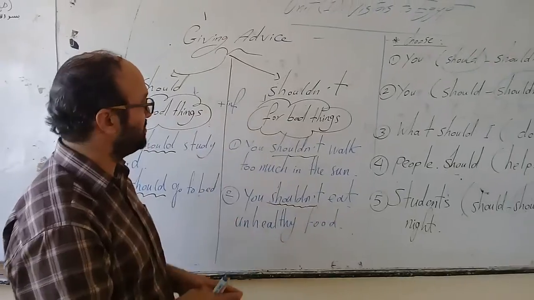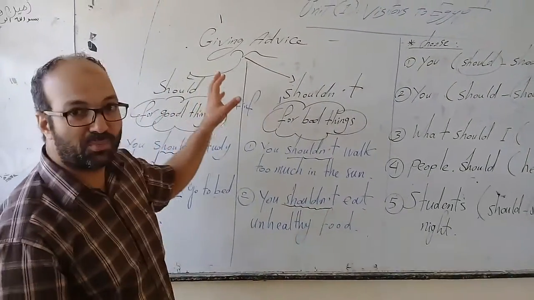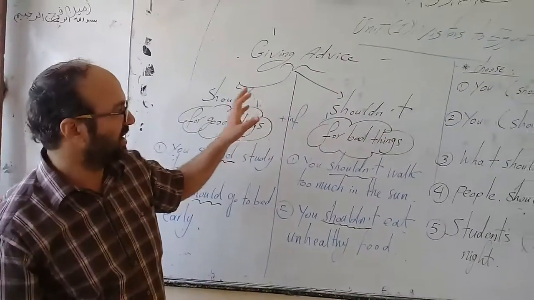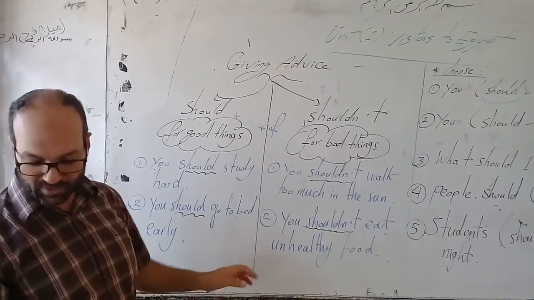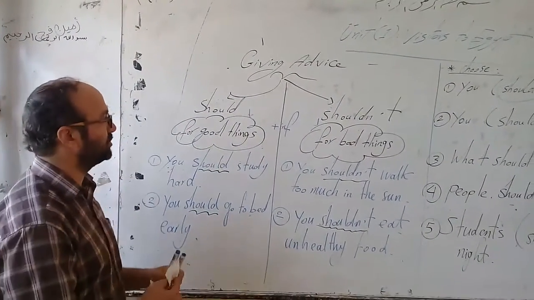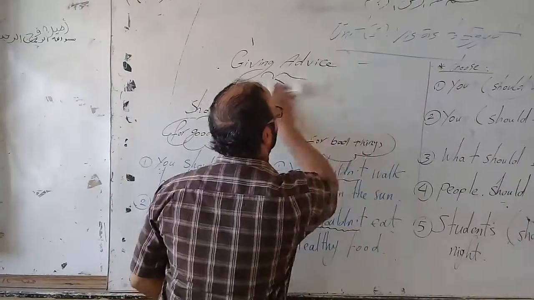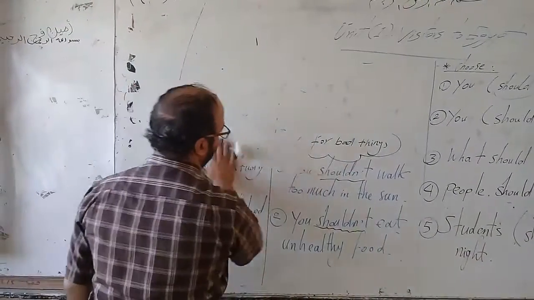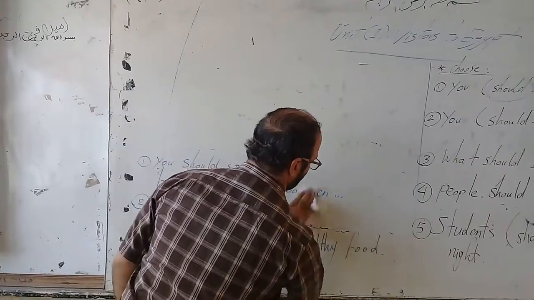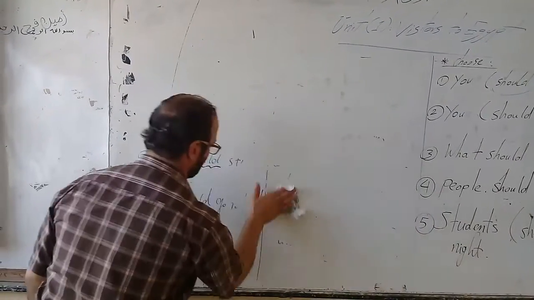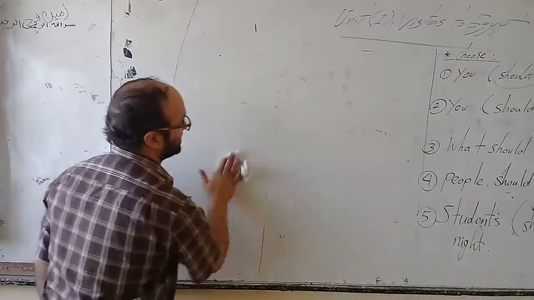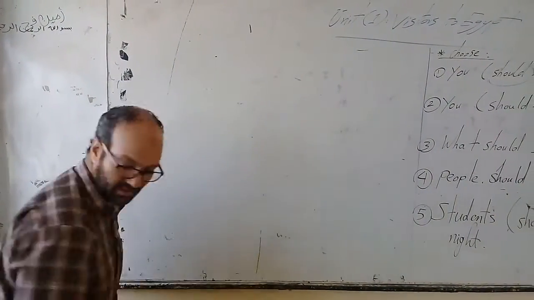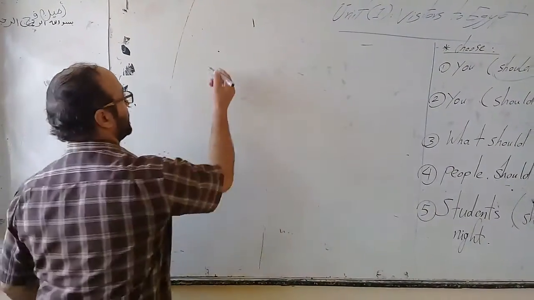This is a summary of the grammar point of giving advice using should or shouldn't, and we will have another thing to talk about. For example, we have many expressions that equal should.